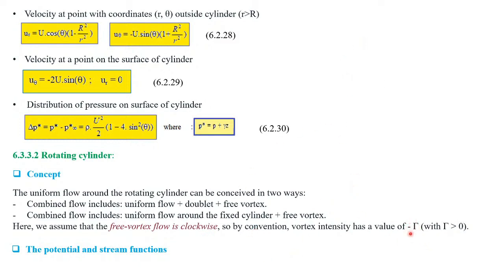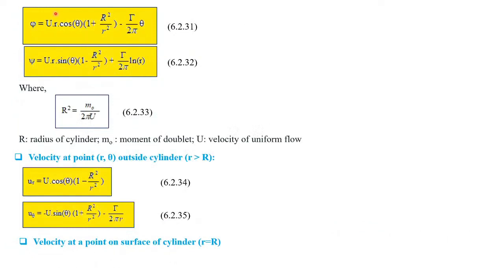Therefore, we have to put minus gamma, with gamma positive. Then we get the potential and stream function.